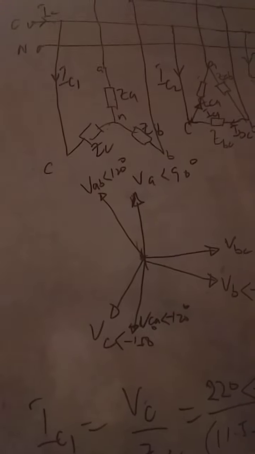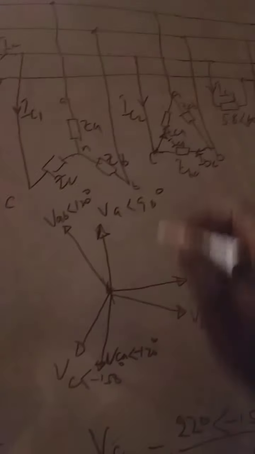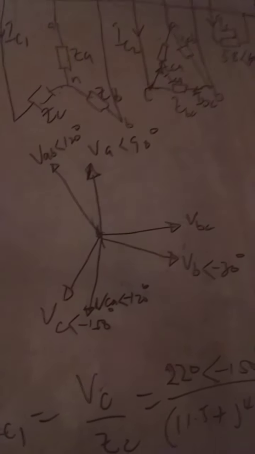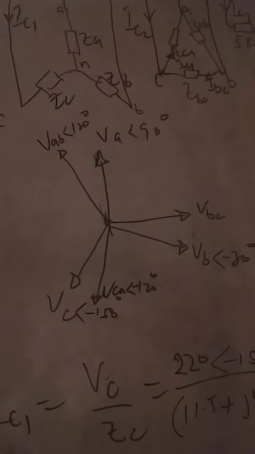IC2 is taken as going in, IBC also positive, going in, ICA going away. The summation must be equal to 0 according to Kirchhoff's law. So our IC2 is equal to ICA minus IBC.